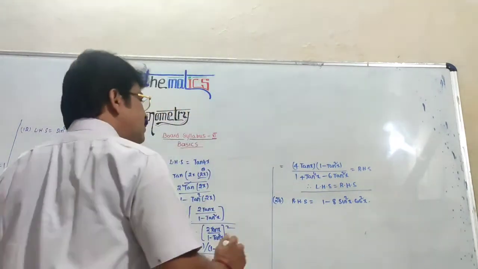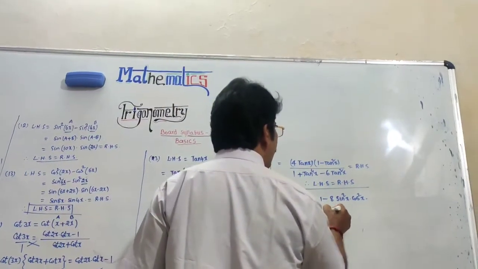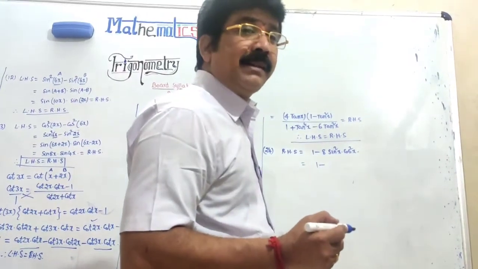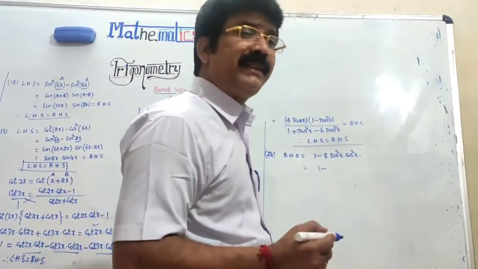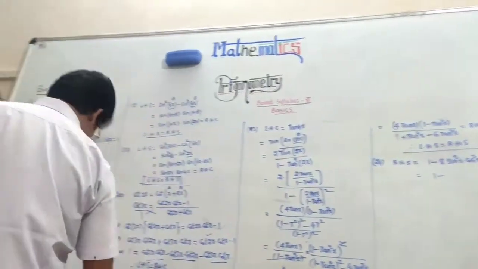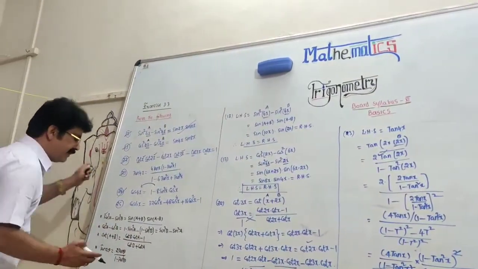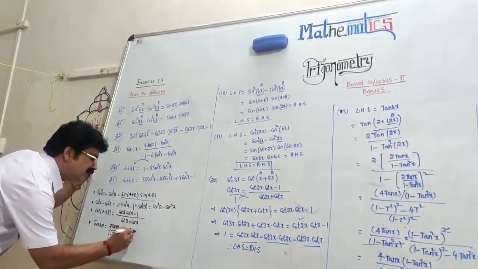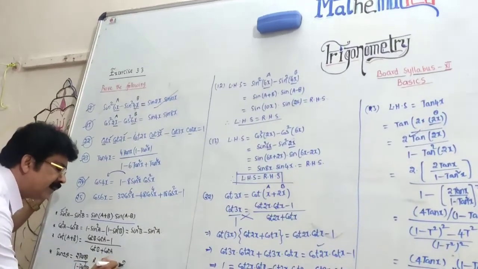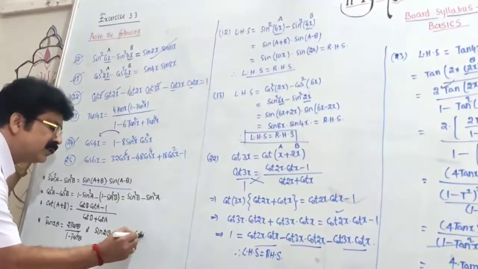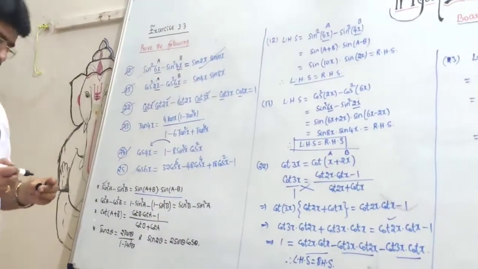Remember. So that is equal to 1 minus, did you remember that sin 2 theta is equal to 2 sin theta cos theta? I will write the standard formula here. Sin 2 theta is equal to 2 sin theta cos theta.